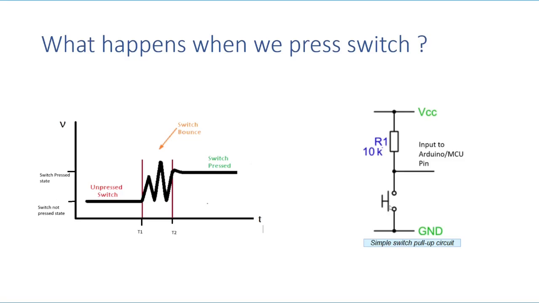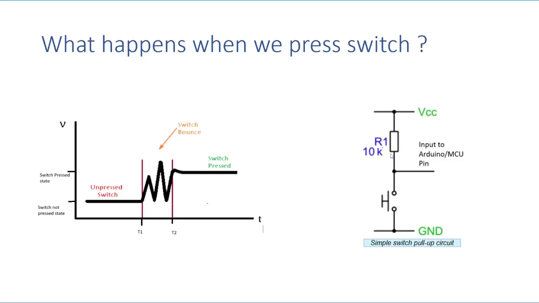When the switch is not pressed, it is an open circuit, and because of the pull-up resistor, the MCU input reads high. When the switch is pressed, the pin connects to the ground, and we read 0 volts. This is how the switch works with a pull-up resistor.